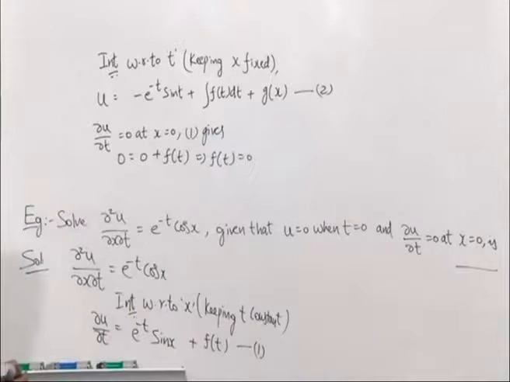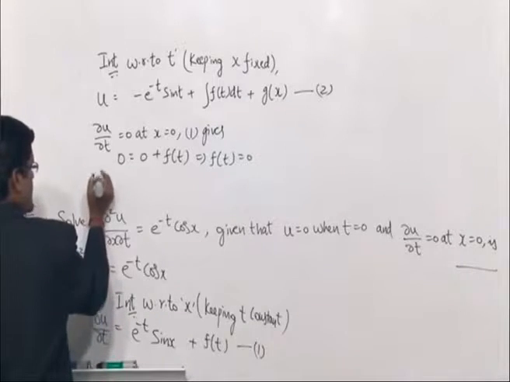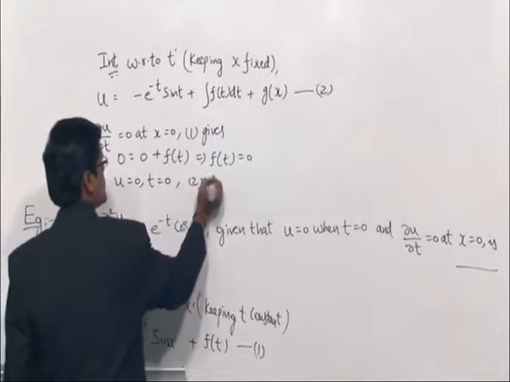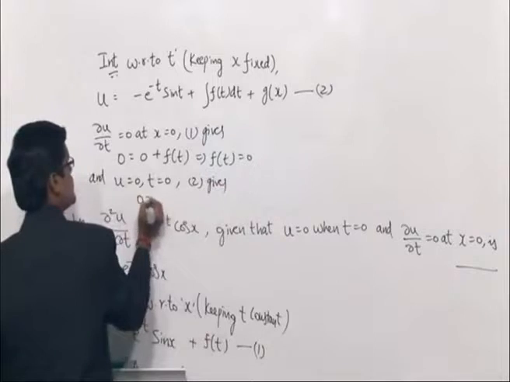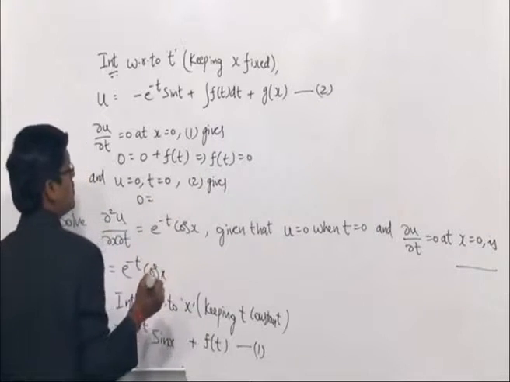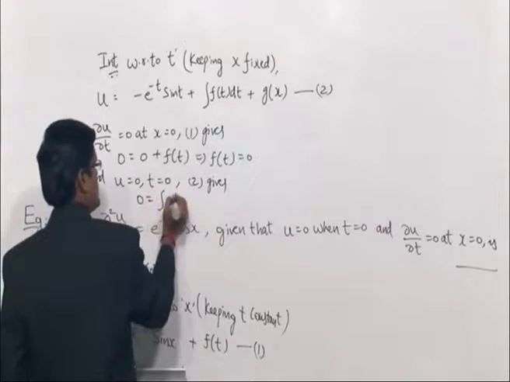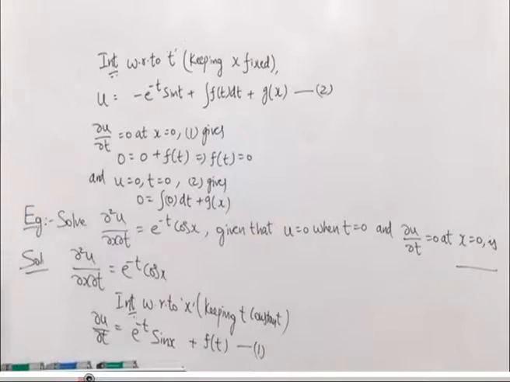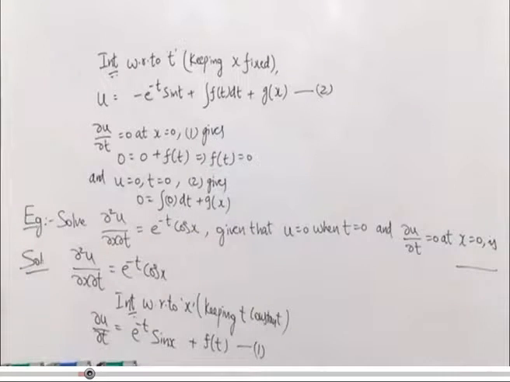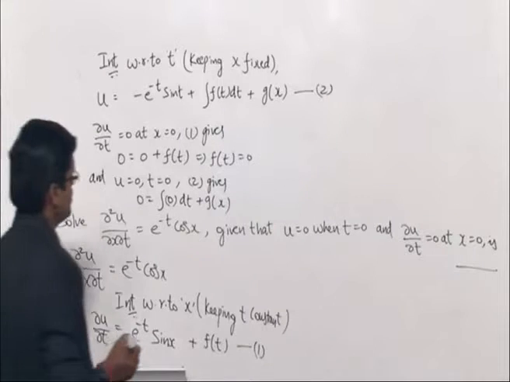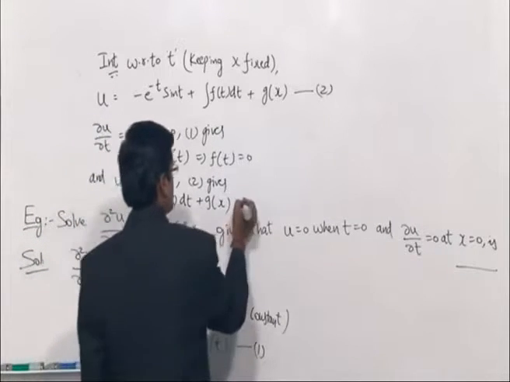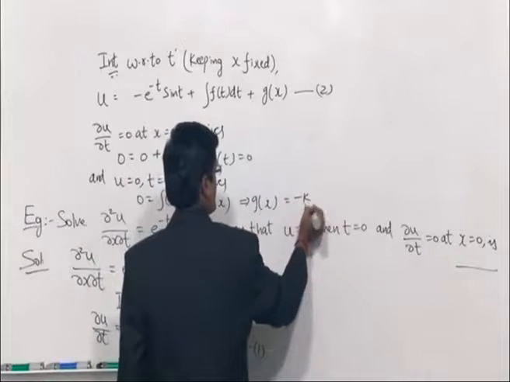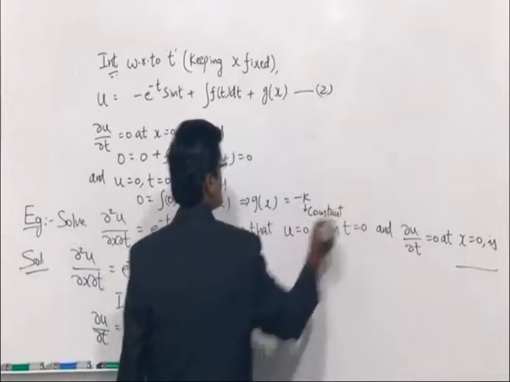And the other condition, u = 0 at t = 0, in equation 2 gives 0 = sin 0 which is 0, and this integral of 0 dt plus g of x. So from this, g of x is equal to minus k. The integral of 0 means a constant, and I have taken that constant as k.